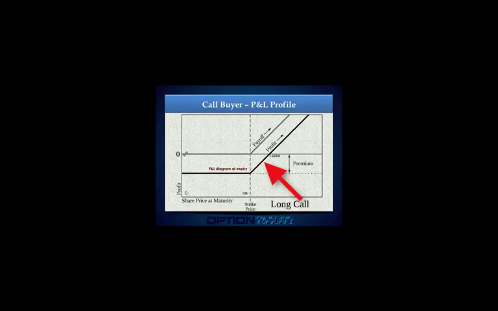So we just looked at the previous slide and we said if the price of the land went up by $10,000, then the seller will still have a profit of $15,000, and likewise the buyer would lose that $15,000. If the price of the land went up by $20,000, the buyer would lose $5,000, and the seller would profit by $5,000. So this is how we look at P&L diagrams.